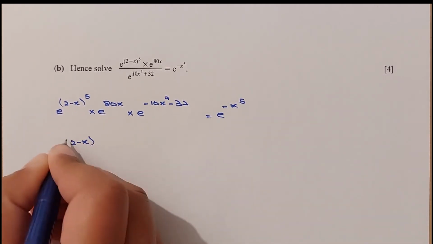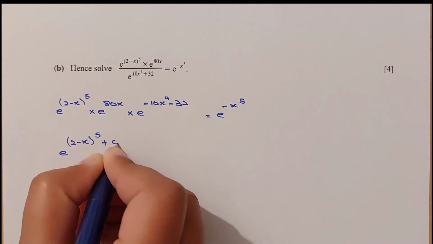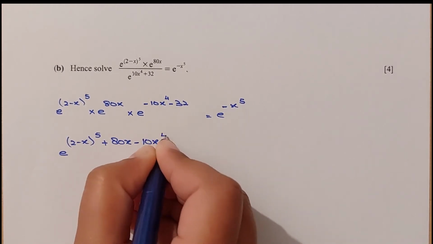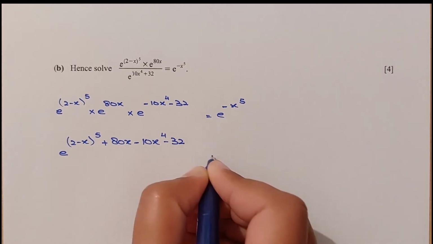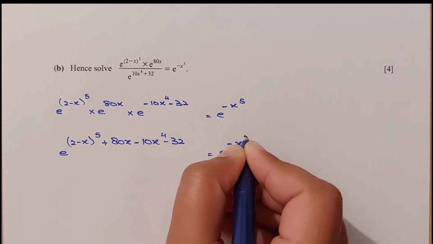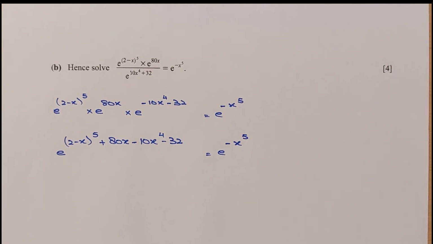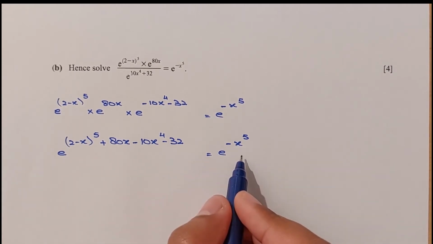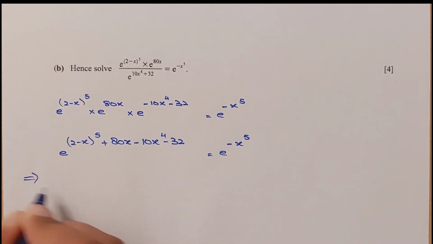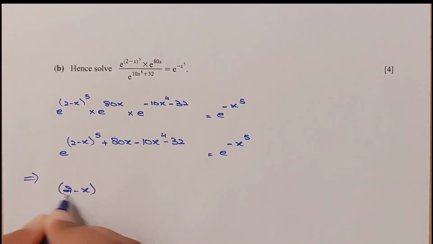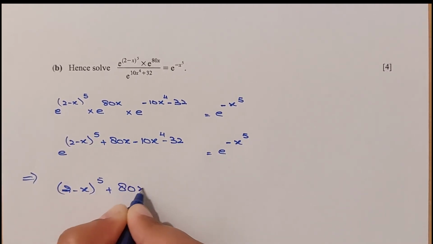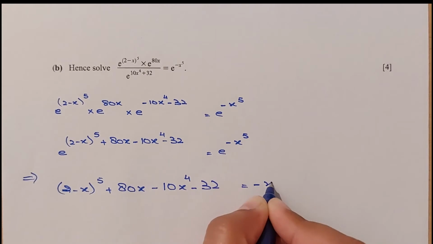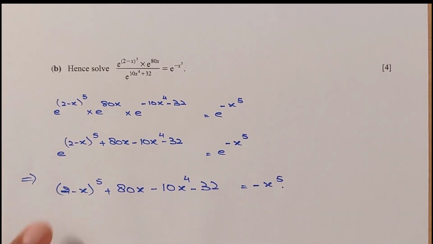So (2 minus x) whole exponent 5 plus 80x, and minus 10x power 4 minus 32. This is e power minus 5, x minus x power 5, right? Now we can compare, the bases are the same, e and e, so we can compare the exponents. So here we have to compare exponents: (2 minus x) whole exponent 5 plus 80x minus 10x power 4 minus 32 equals minus x power 5, right?